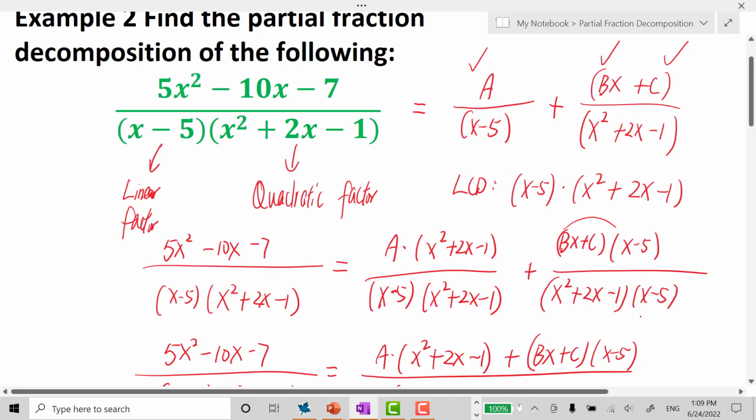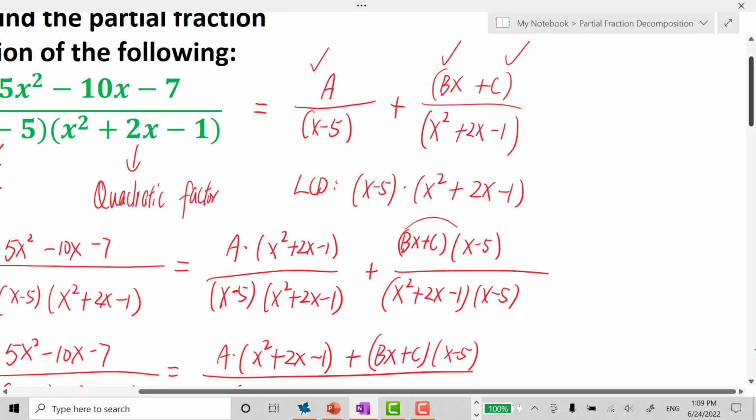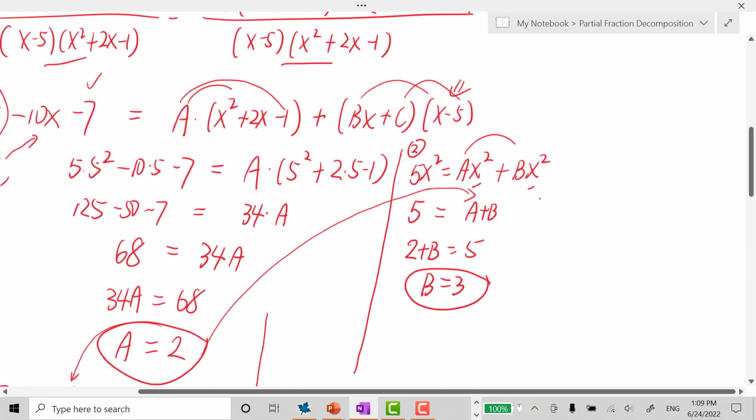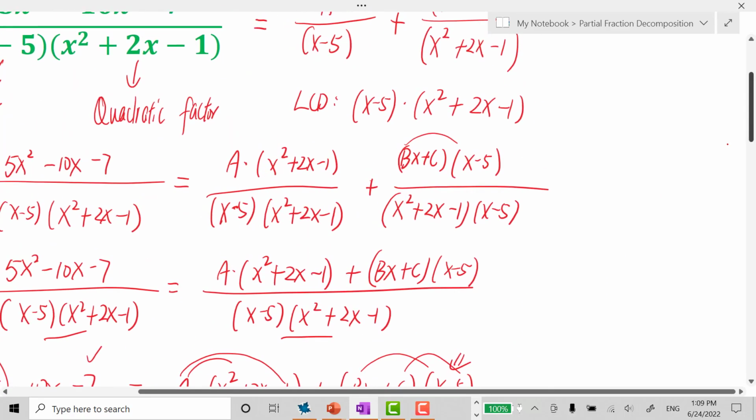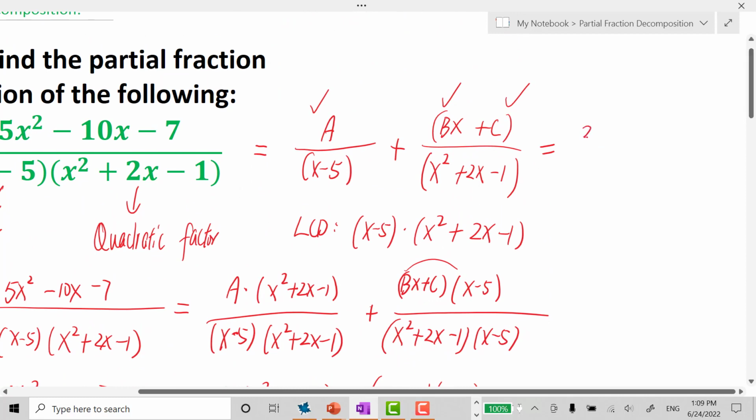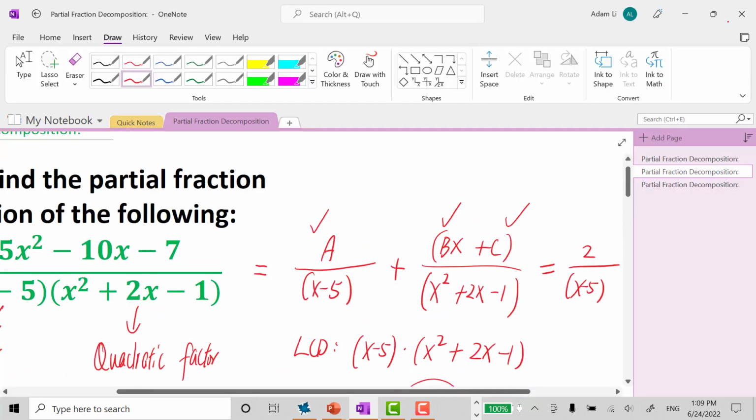And eventually we're going to write the result. Okay. So the result here is this is actually equal to, a is 2, so this is equal to 2 over x minus 5. b is 3, so 3x. c is 1. Plus 1.